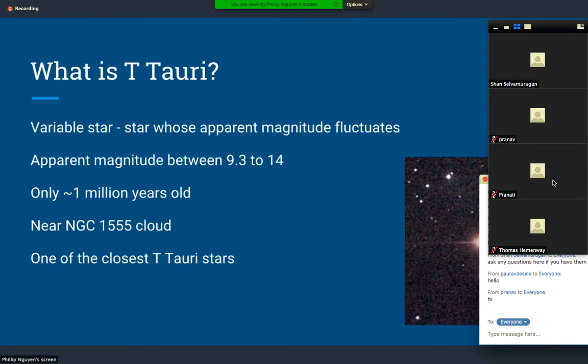It's pretty young, only about 1 million years old. As you can see in the picture, the T-Tauri star is near the cloud NGC 1555, with T-Tauri in the center and the cloud surrounding it. The cloud is being illuminated by T-Tauri, and since T-Tauri's brightness fluctuates, the cloud's brightness also fluctuates.